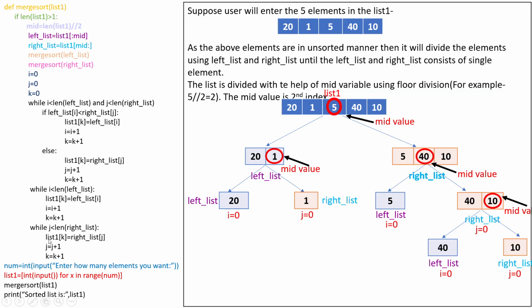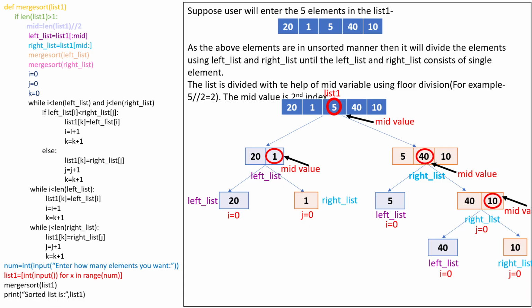Again it will go in the loop, and list1 of k. k is now incremented by 1, so k becomes 2. List1 of 2 equals right list of j. j is now 1. At the first position of the right list, I have 40, in sorted form: 10 and 40. Now this 40 will be placed in the second position of k.